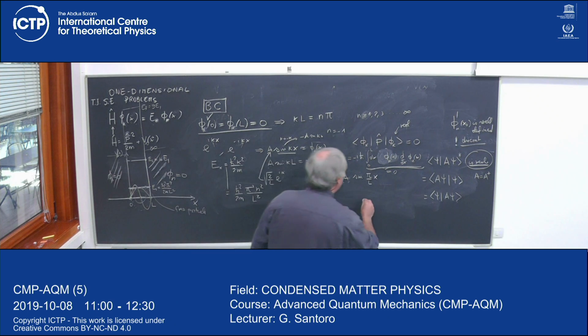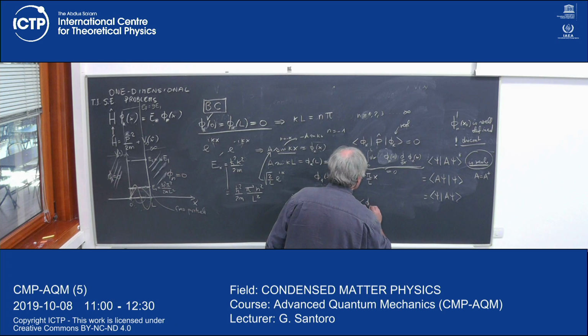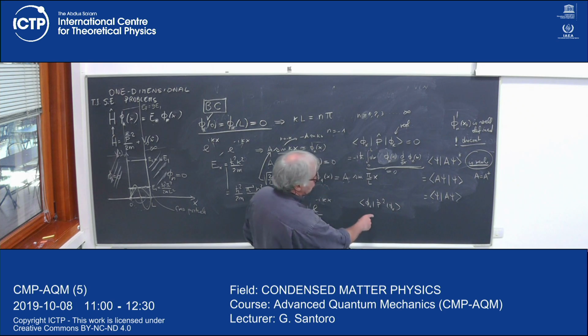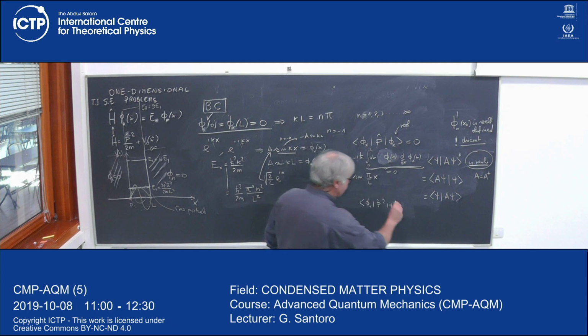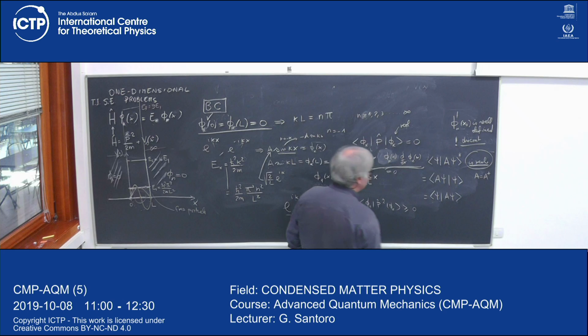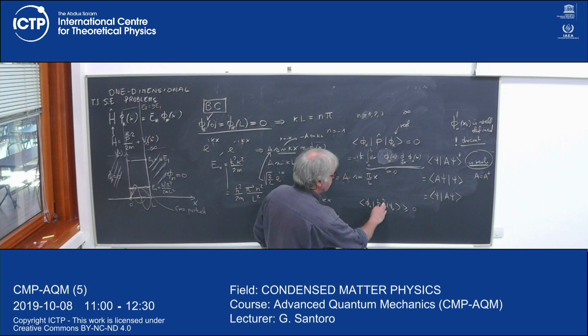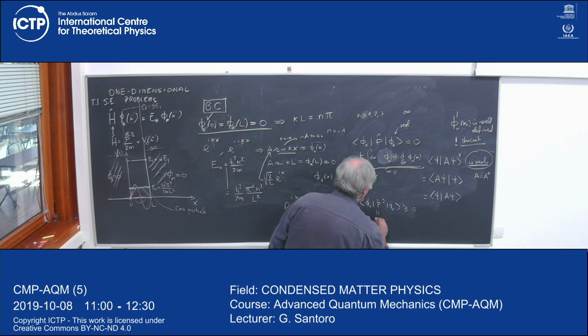But p squared is not 0. And in fact, I told you that p squared is necessarily greater than 0 because it is essentially equal to p phi k, p phi k.